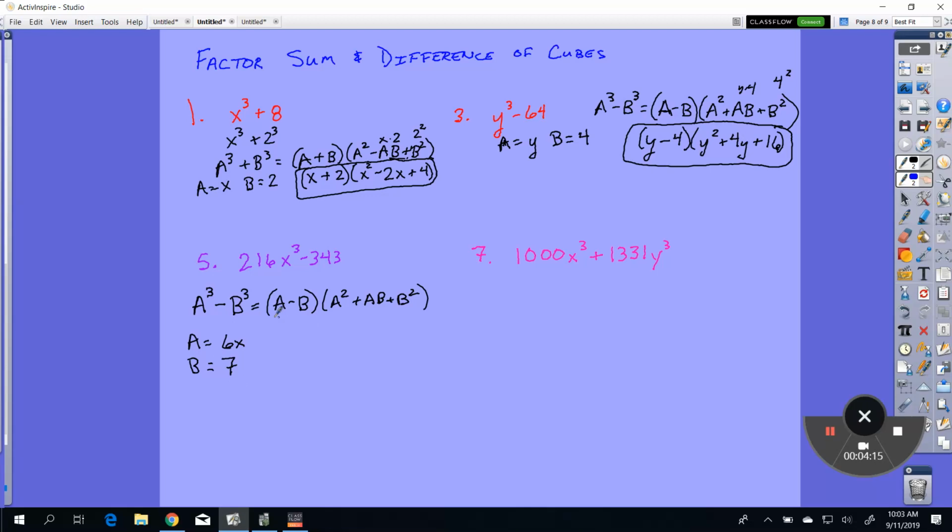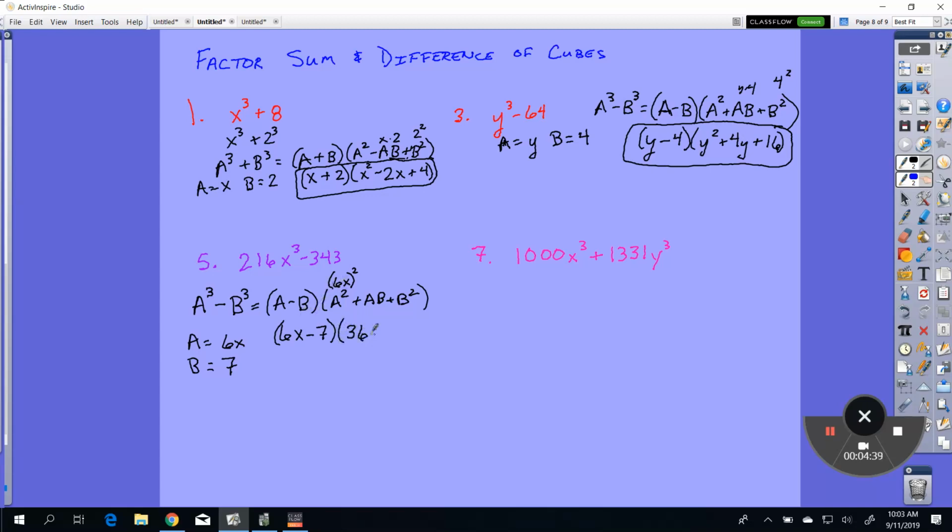So replace all the a's with 6x, all the b's with 7. Now, when you replace the a and it's squared, realize you're taking 6x quantity squared. So you're not just squaring the x, you're squaring the 6 and the x. So what's 6 times 6?